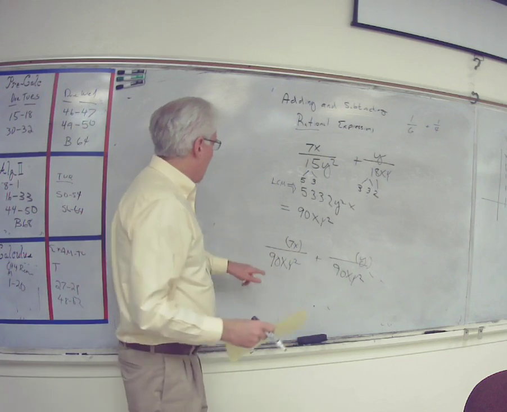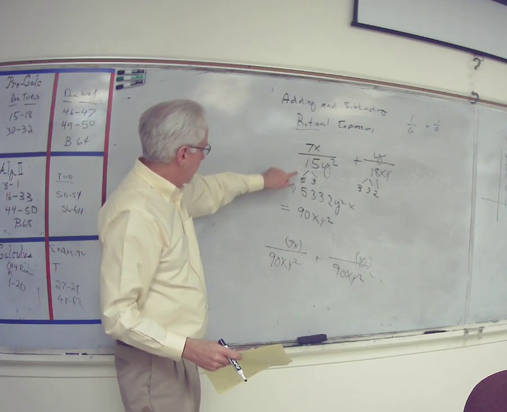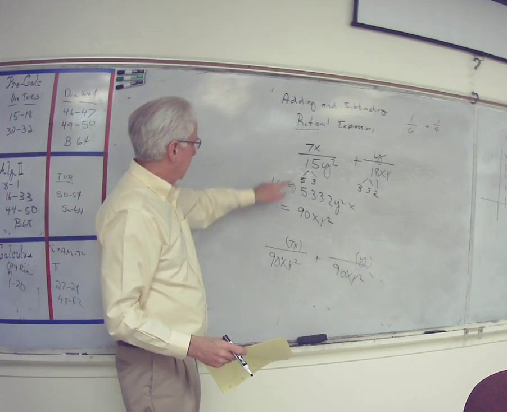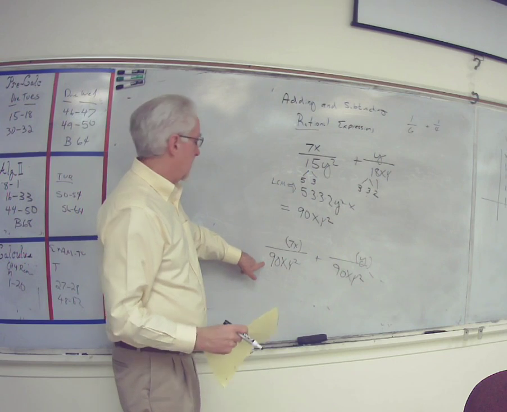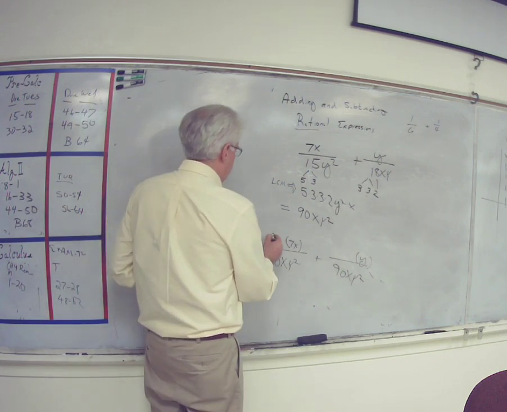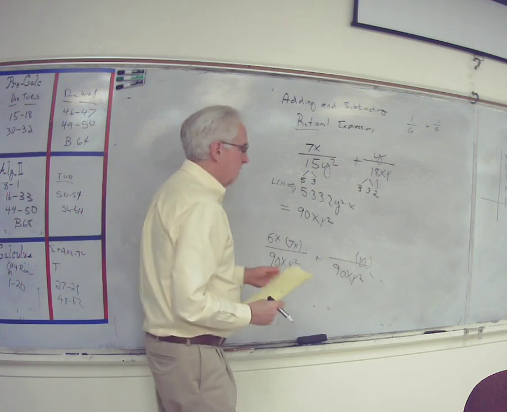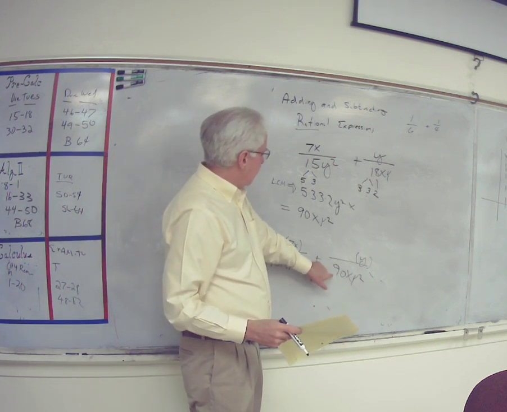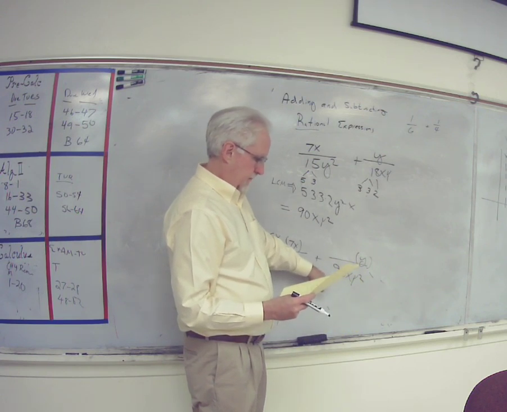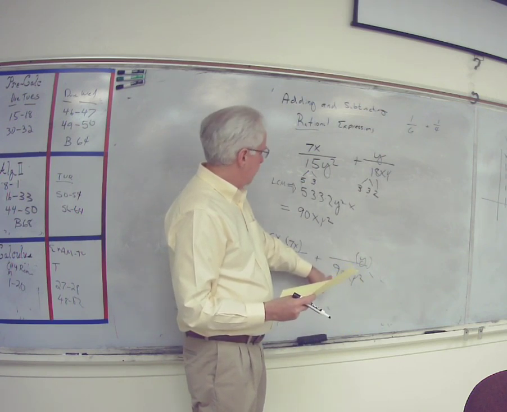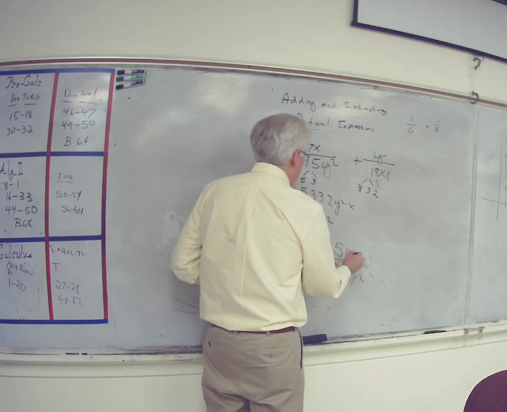But now, what did I multiply the denominator by to go from here to here? 6x. 6 and an x. What did I multiply this denominator by to go from here to here? 5y. By 5 and y.